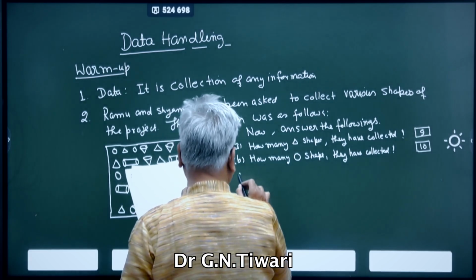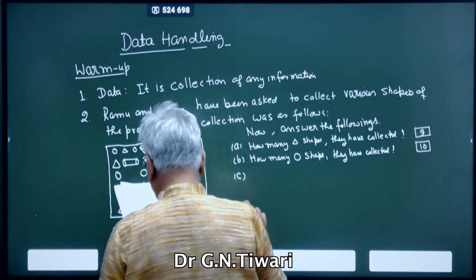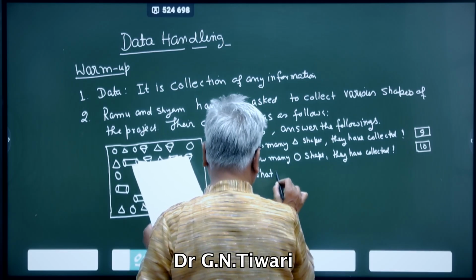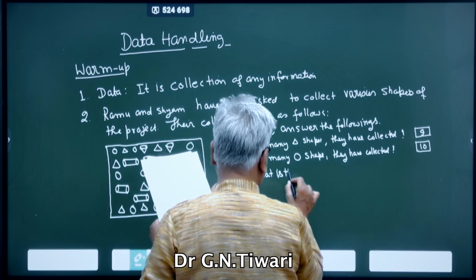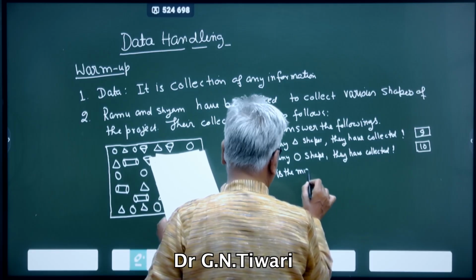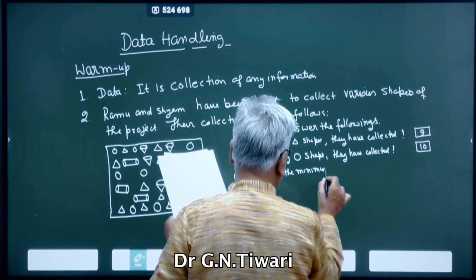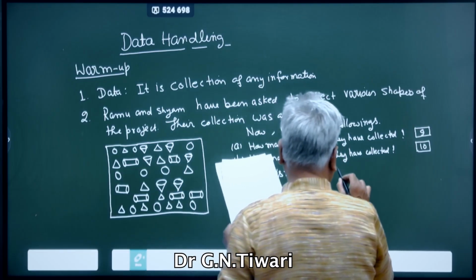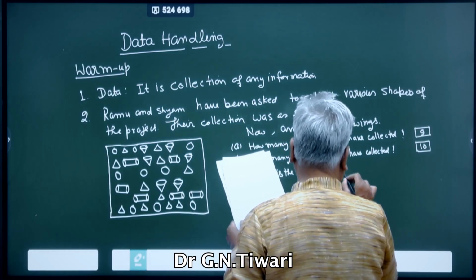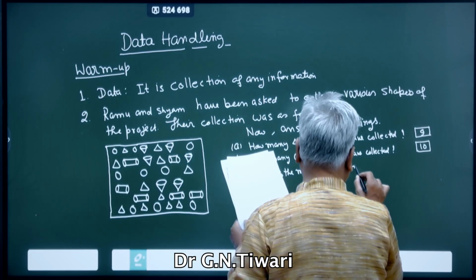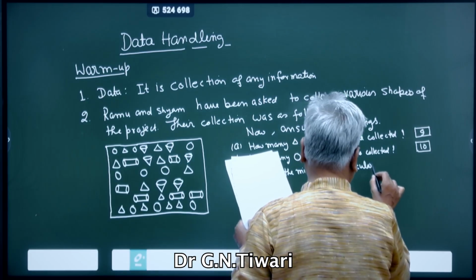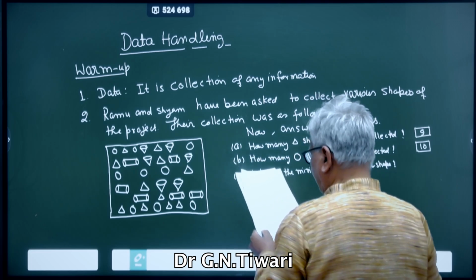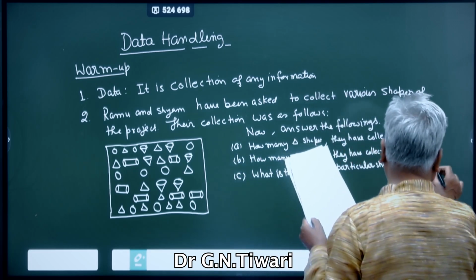C, what is the minimum particular shape? If you count, you'll find 5.